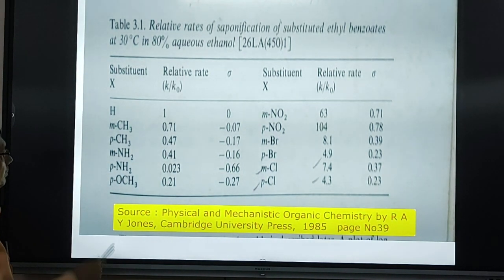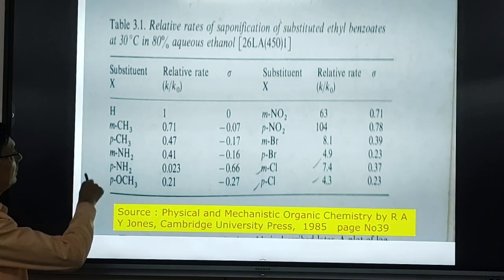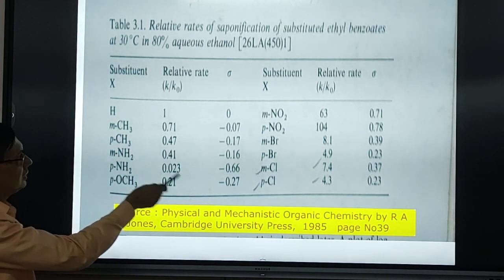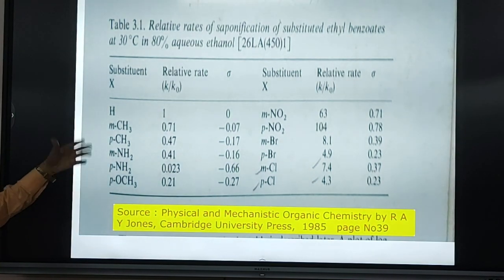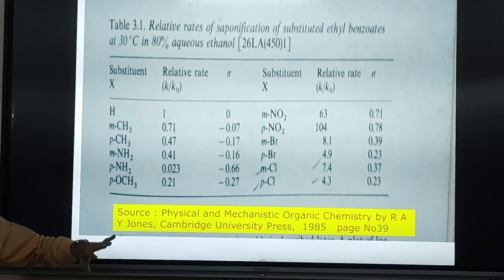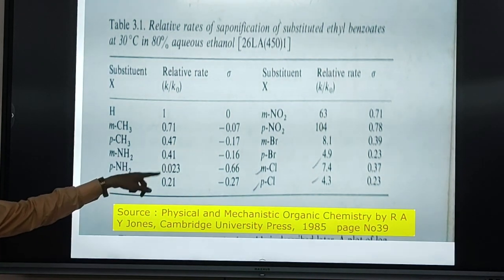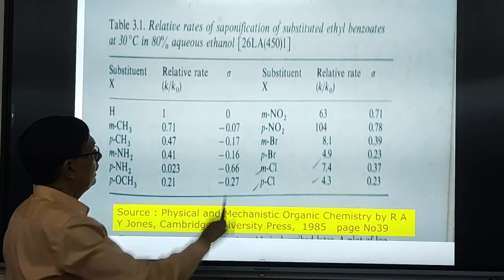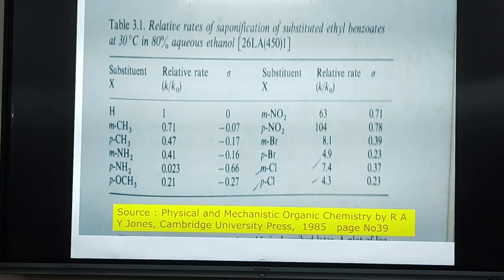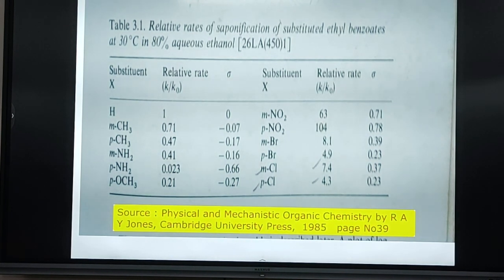So you see that these are the substituents: para-methoxy, methyl, nitro. You see no ortho, everywhere either meta or para. So these are the rate constants, relative rates, and you have seen that when I have taken the nitro group, the relative rate is very high.